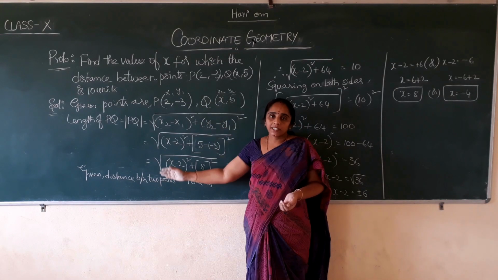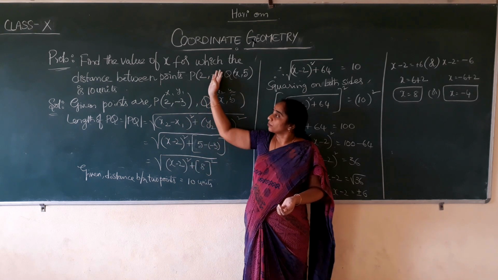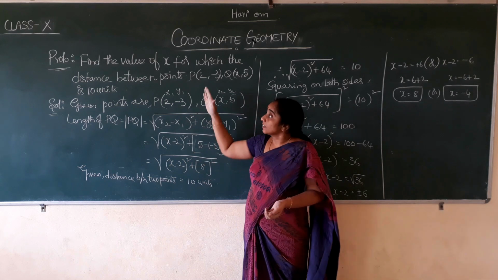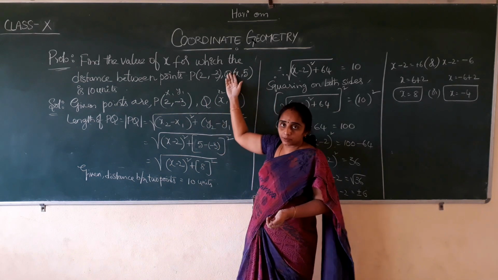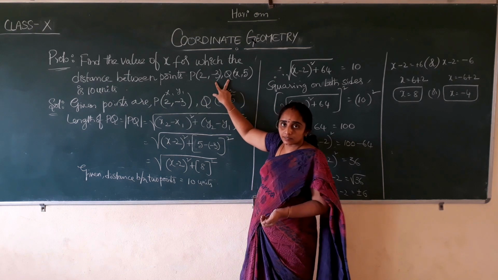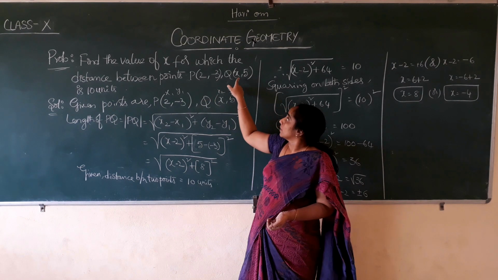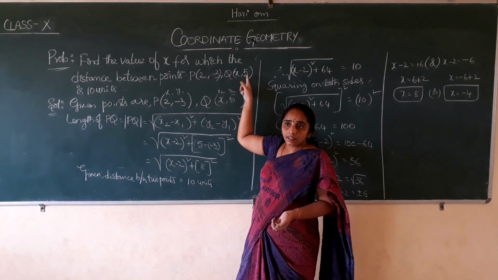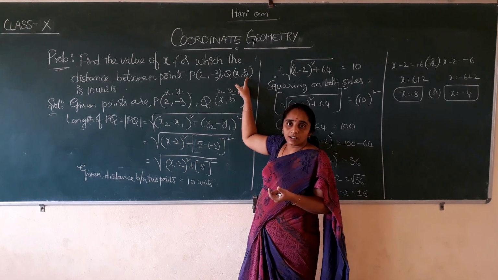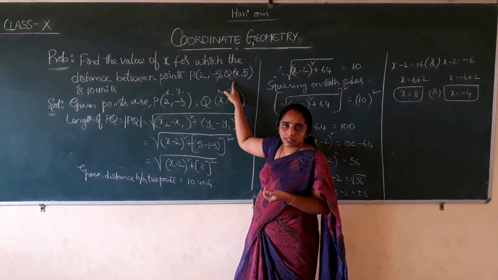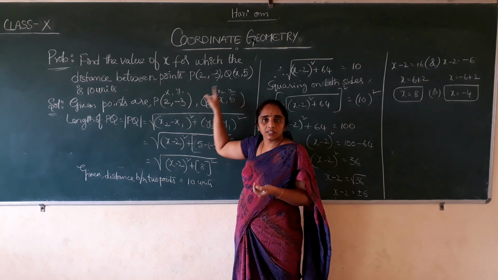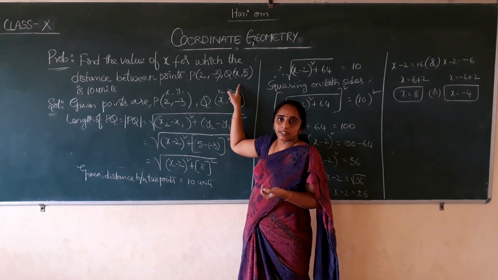Here is a subtopic in finding distance between 2 points. In this problem, 2 points are there, and in one point, one of the 2 coordinates is missing. So we have to find out the missing coordinate.